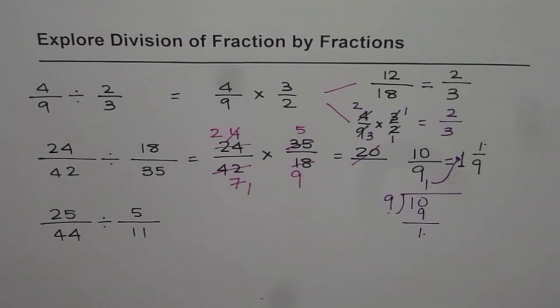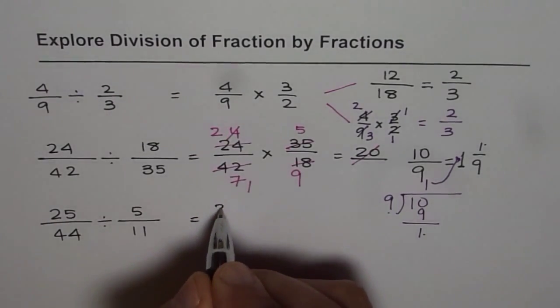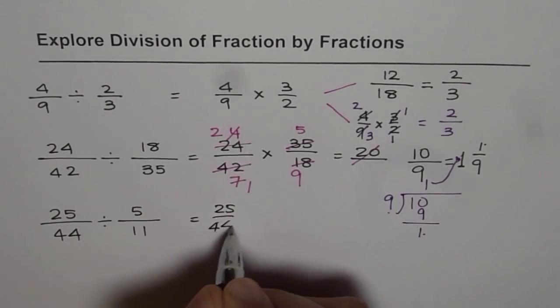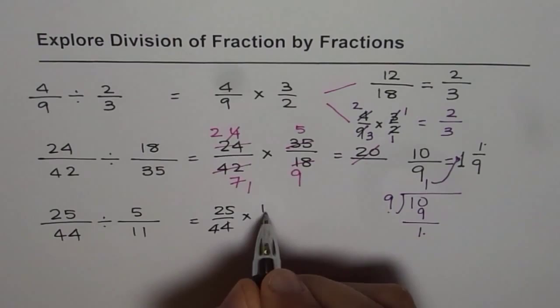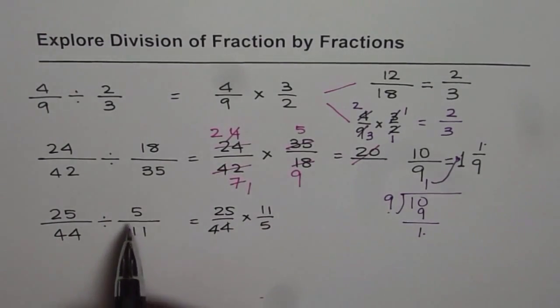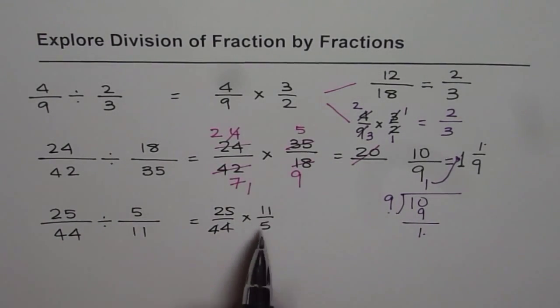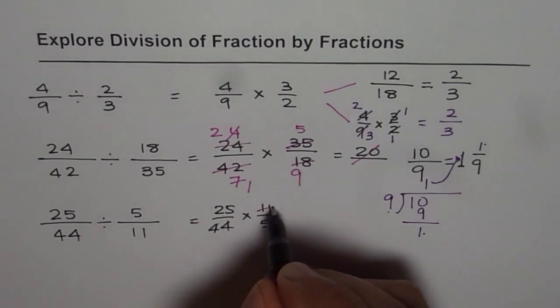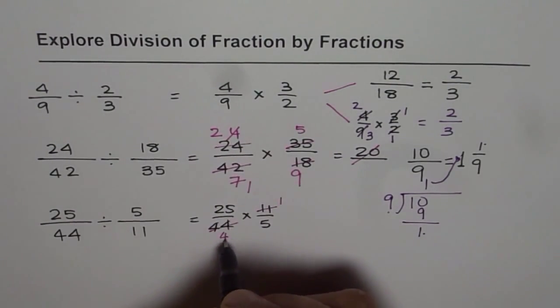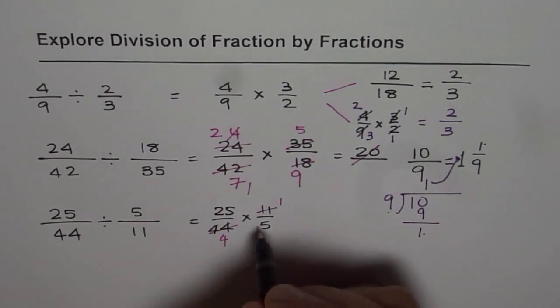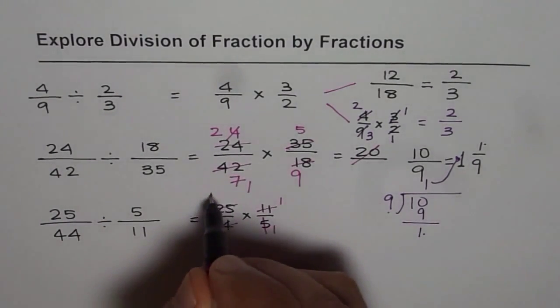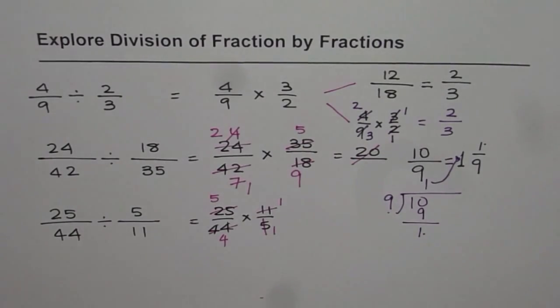First step, as you know, is what? Writing division as multiplication. So we'll get 25 over 44 times 11 over 5. Reciprocal of 5 over 11 is 11 over 5. Now you simplify. 11 times 1 is 11, 11 times 4 is 44. 5 times 1 is 5, 5 times 5 is 25.